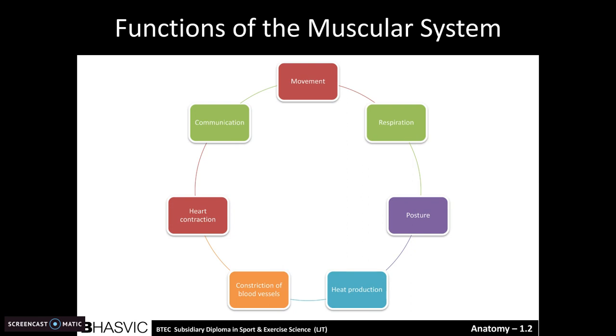Respiration. The muscular system helps the respiratory system by pushing air into and out of the respiratory system. It does this by the muscles called the diaphragm, which contracts and relaxes. There is a group of muscles called the accessory muscles of respiration. The muscles in that group are the sternocleidomastoid, serratus anterior, latissimus dorsi, serratus posterior superior, and the pectoralis major and minor.